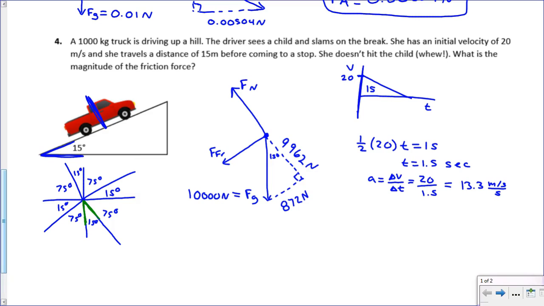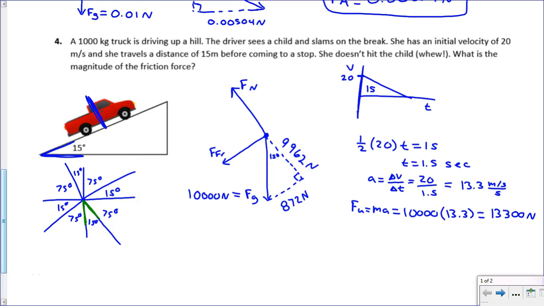From there, I know there's a lot of steps, but we can figure out what the FU is, because FU equals ma, which equals, in this case, 1,000 times 13.3, which equals 13,300 newtons. That's our FU.